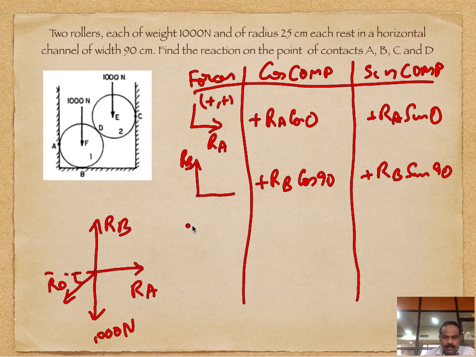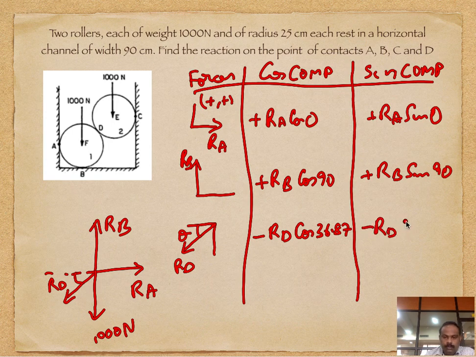We'll take the next one, RD. This is making an angle theta of 36.87. This is in the third quadrant, so both are minus: minus RD cos 36.87 and minus RD sine 36.87.